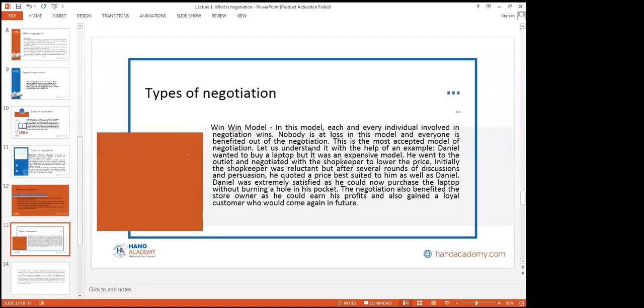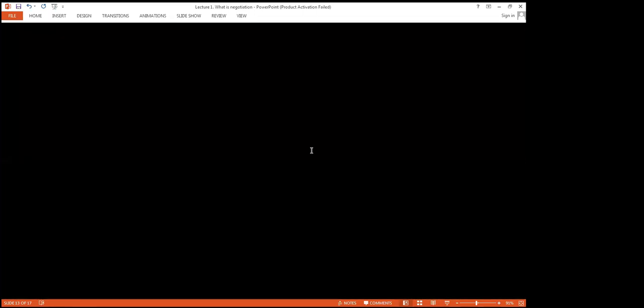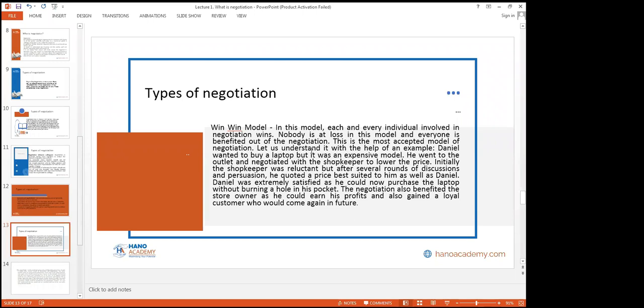Daniel was extremely satisfied as he could now purchase the laptop without burning a hole in his pocket, without spending a lot of money. In this negotiation, both the buyer and the seller benefited. The negotiation also benefited the store owner as he could earn his profits and also gained a loyal customer who could come again in the future.